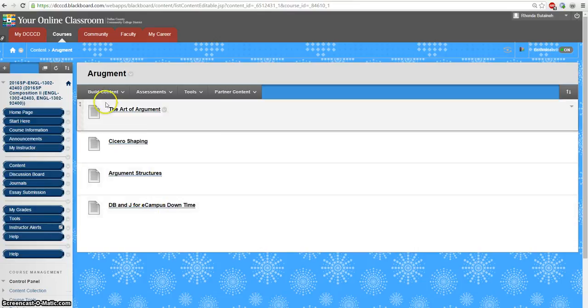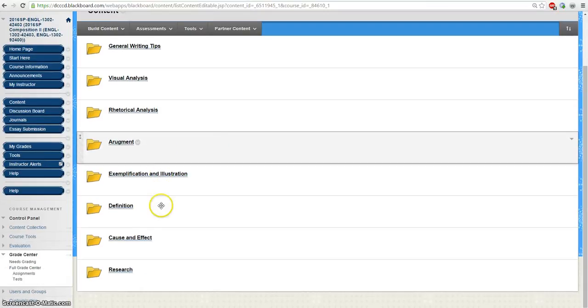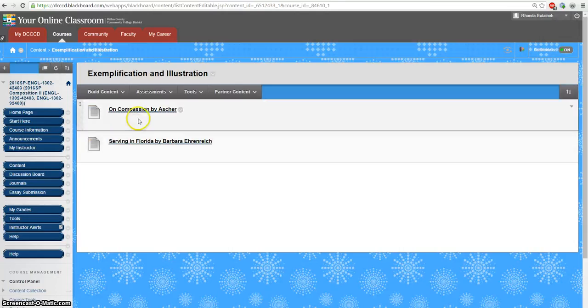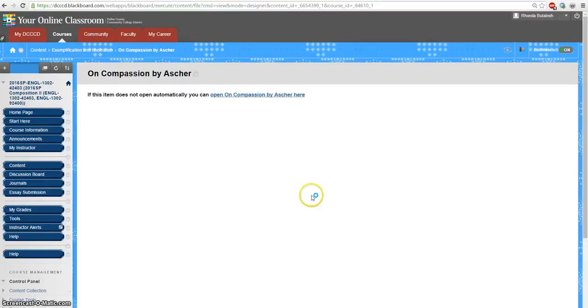This was just when eCampus was down, so we don't need that any longer. And then you'll have a discussion board over two pieces. One is called On Compassion by Barbara Asher, and the other one is called Serving in Florida by Barbara Ehrenreich. On Compassion is a PDF.